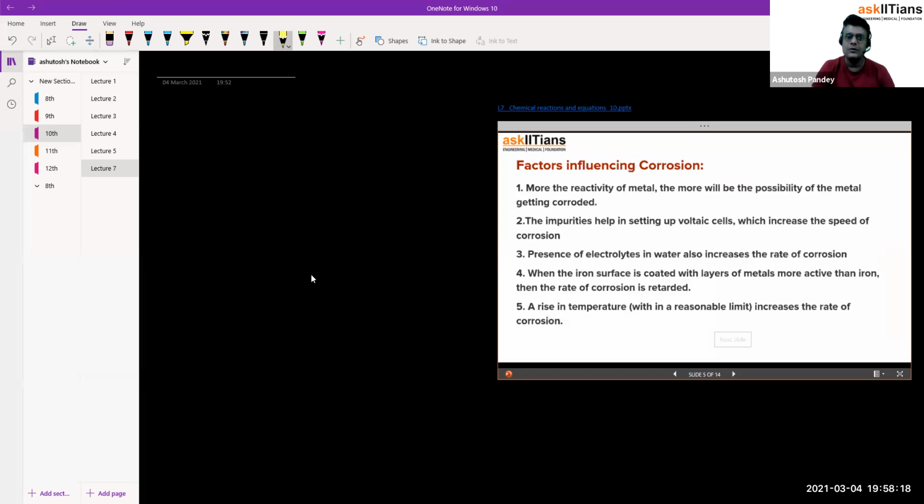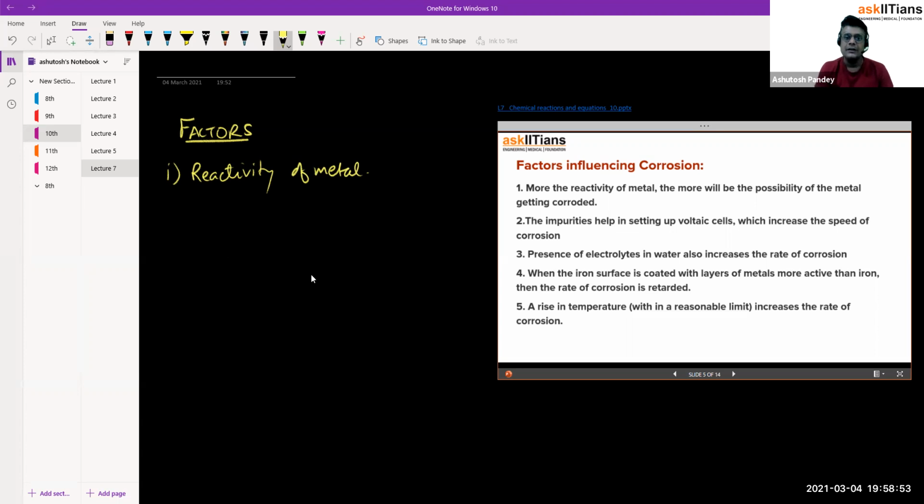Now, factors influencing corrosion. What are the factors responsible for corrosion? The more the reactivity of a metal, the more the possibility of the metal getting corroded. So the first factor is reactivity of metal: a more reactive metal will corrode easily.